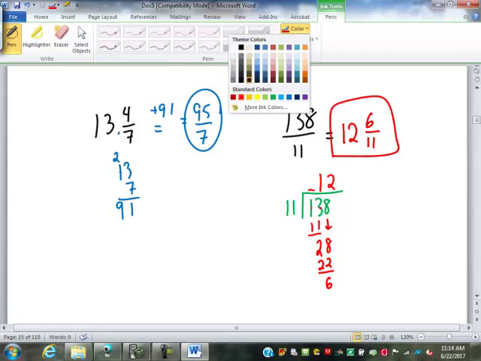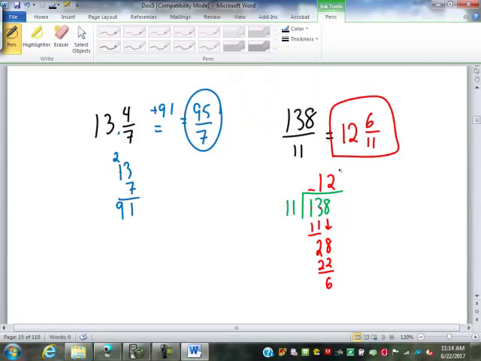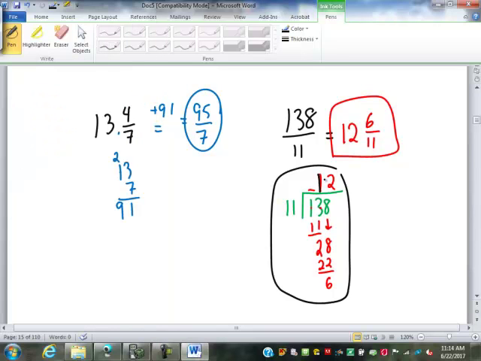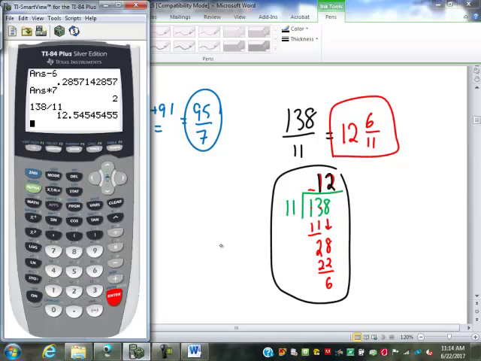And if you need to, obviously you can use your calculator to step yourself through this. You can do 138 divided by 11. Now it's going to say 12.5454. That's where the 12 comes from. Write in the 12. And then come back and do, okay, 12 times 11 is the 132.